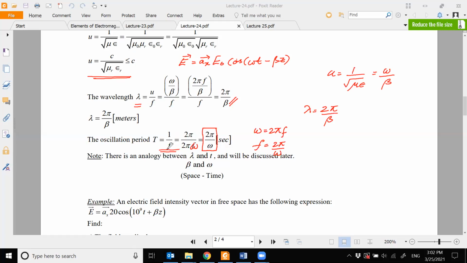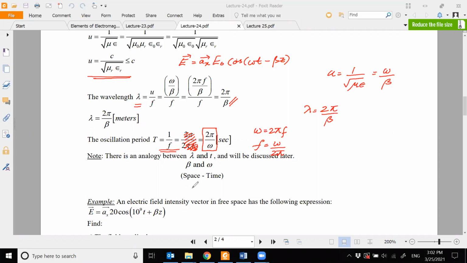Because f is in the denominator, T is 1 over omega over 2 pi, which is 2 pi over omega.